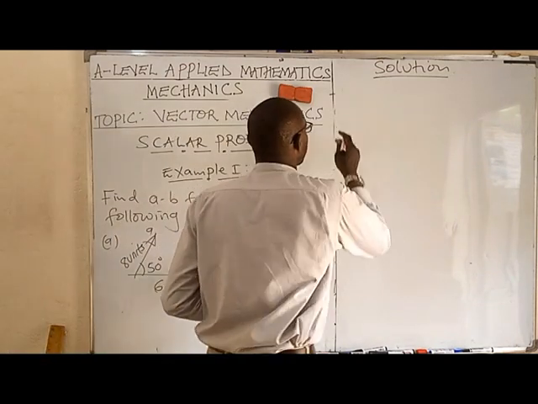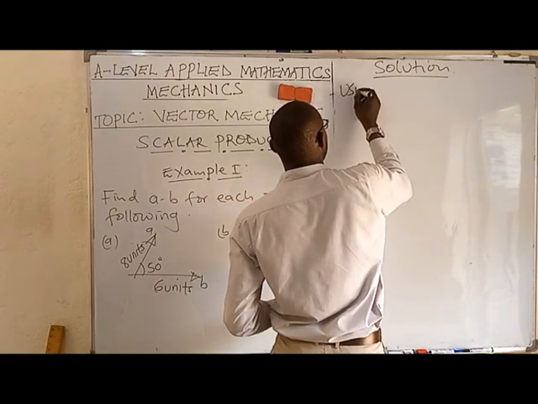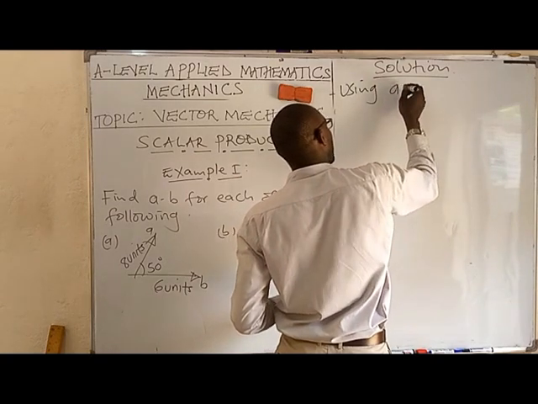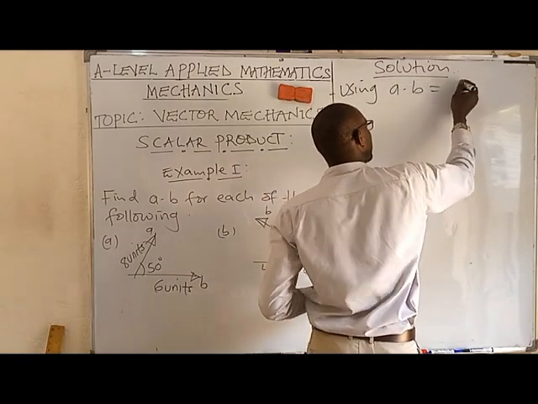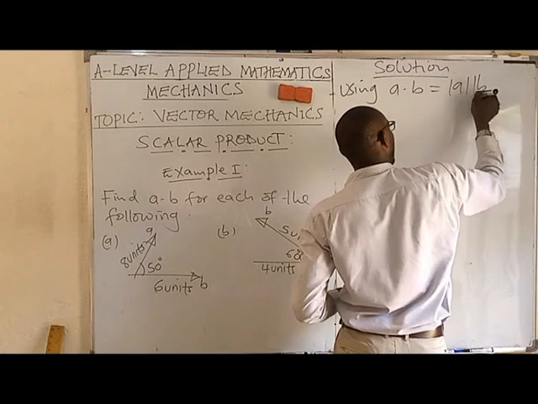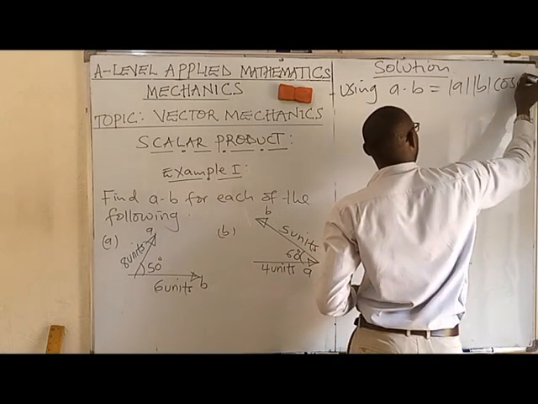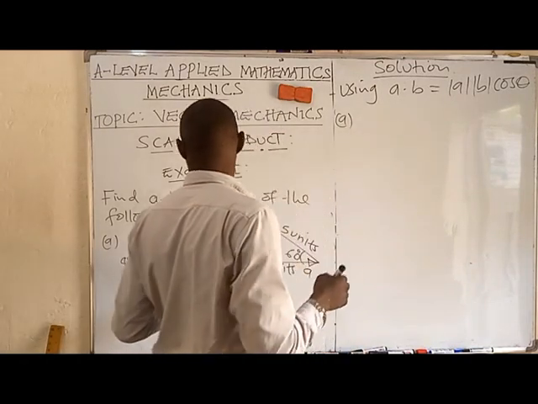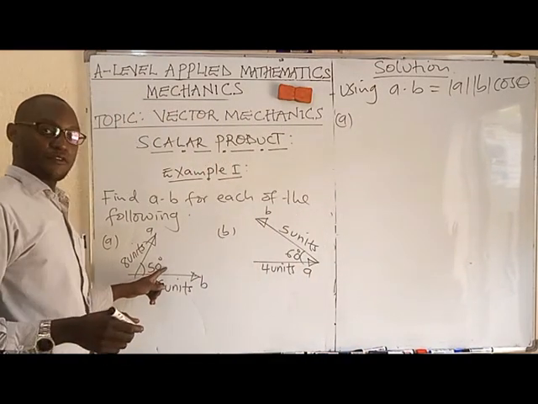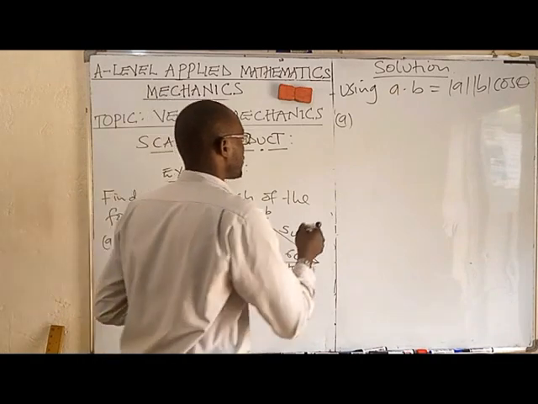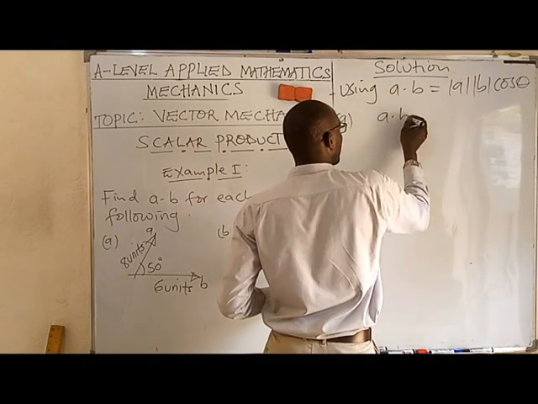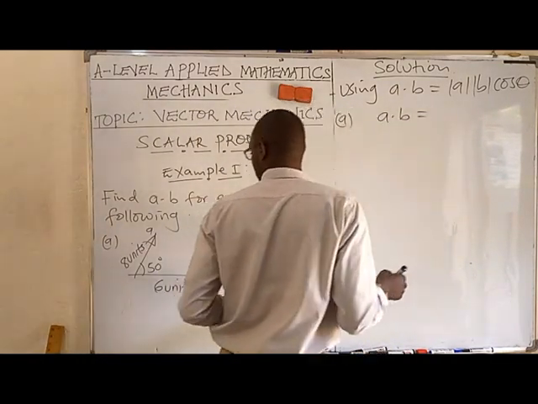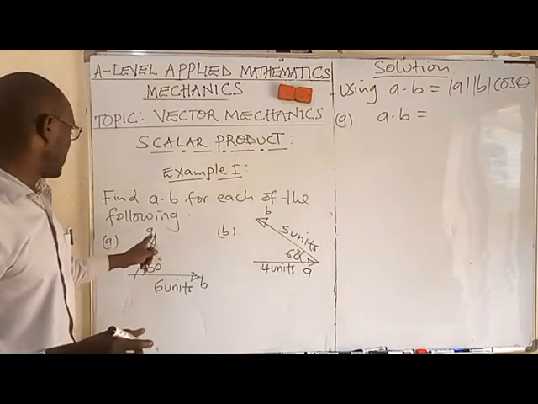So we shall go and tell the examiner that using the general dot product, A dot B is A magnitude, B magnitude, cosine of the angle between them. So for part A, the angle between these vectors is going to be 50. So we are going to say that our A dot B is going to be the magnitude of vector A, but it is given.